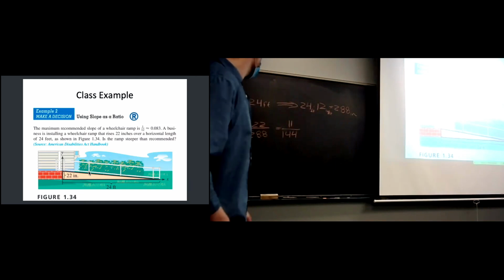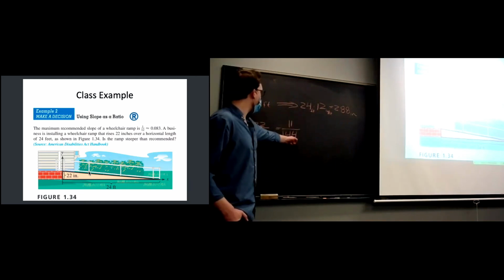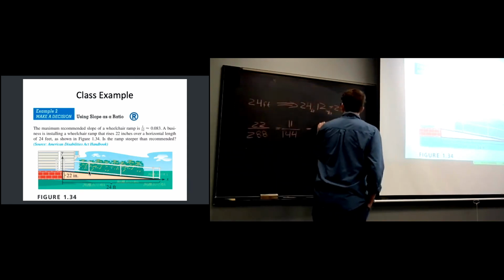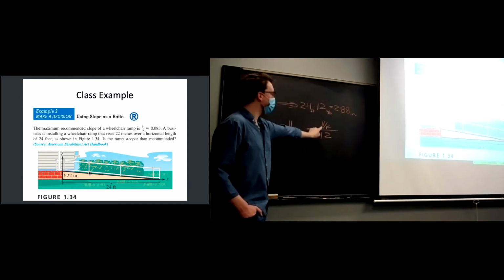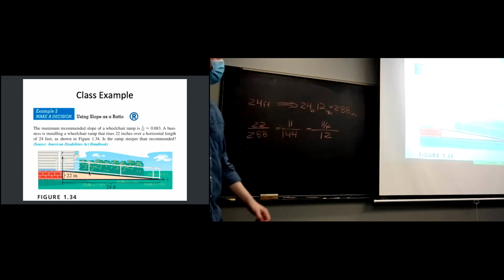Because 11 divided by 12 is just 11 over 12. 144 divided by 12 is 12. So this is less than 1 divided by 12, which is less than the slope of a wheelchair as recommended. Cool.